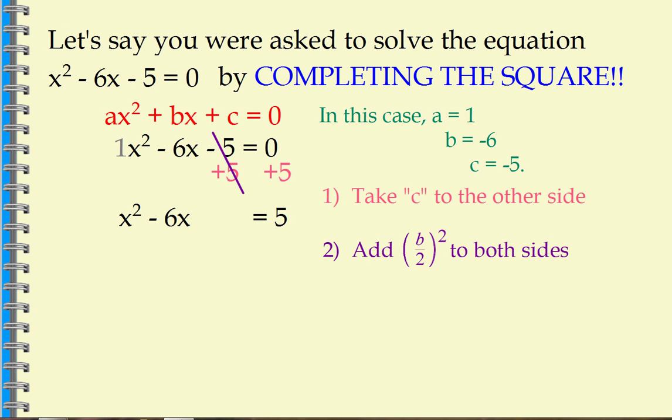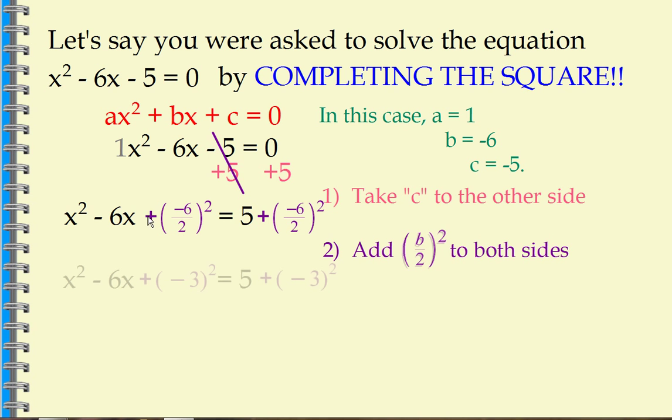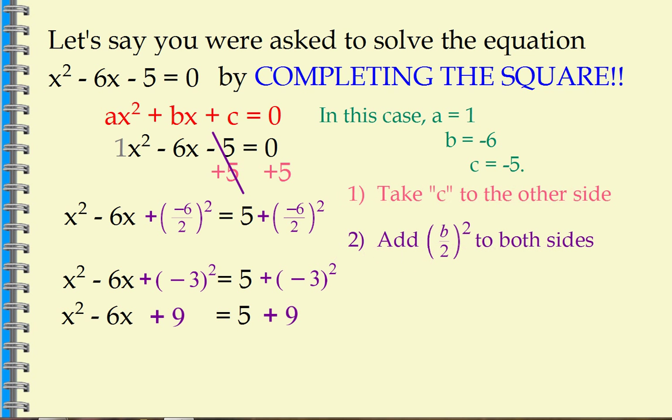So in this case, -6 divided by 2 and then square that number. That's what I'm going to add to both sides. -6 divided by 2 is -3. -3 squared, remember -3 times -3 is a +9. So that's the number that I'm going to add to both sides to be able to complete the square.